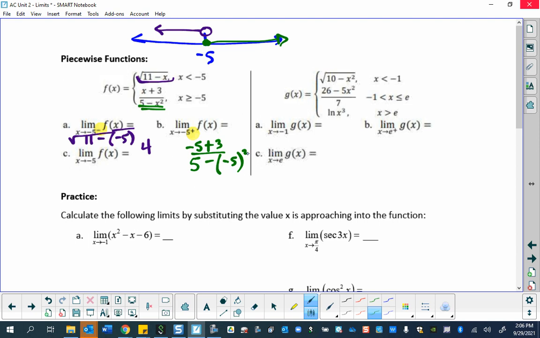So when we plug in those negative values, especially, hug them up with those parentheses to make sure that we don't lose track of our negatives. Negative 5 plus 3 is negative 2. 5 minus 25 is going to give me negative 2 over negative 20. You okay with that? So that's going to give me a value of positive 1/10.